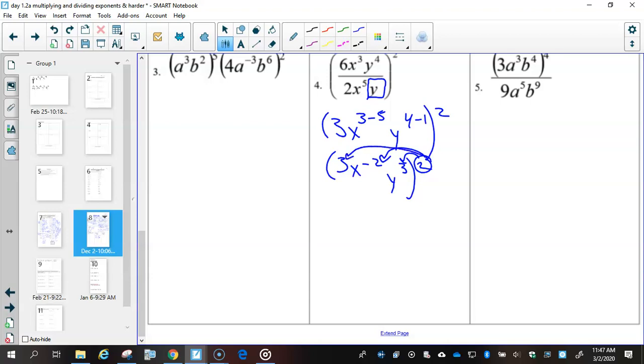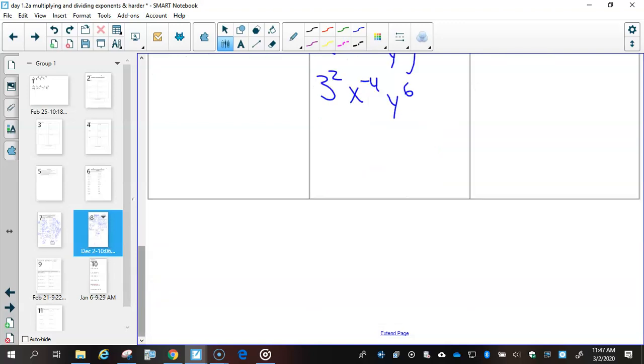Oh, and I forgot one. Remember to do that to each base. Three squared is 9. This would become 1 over x to the 4th.